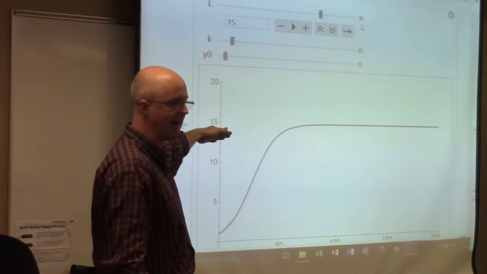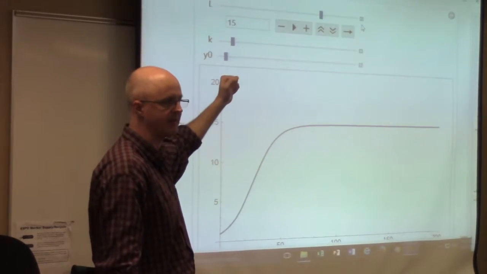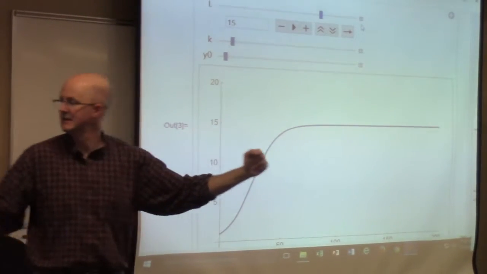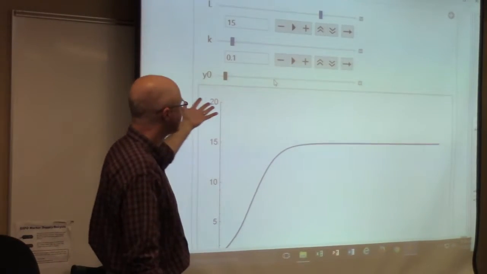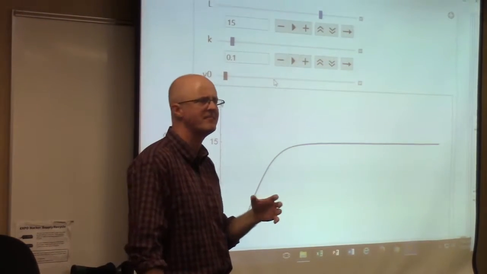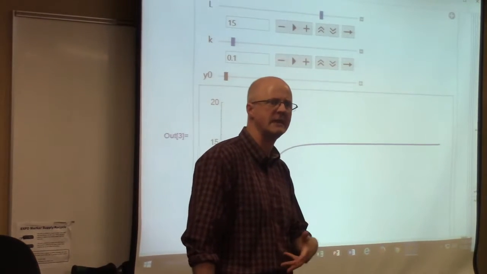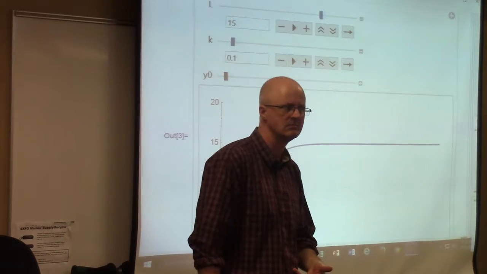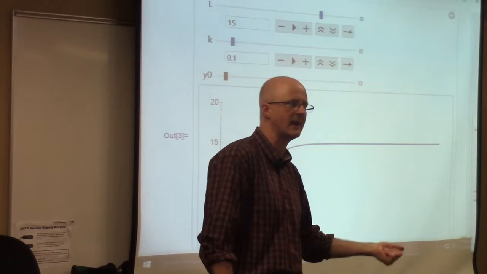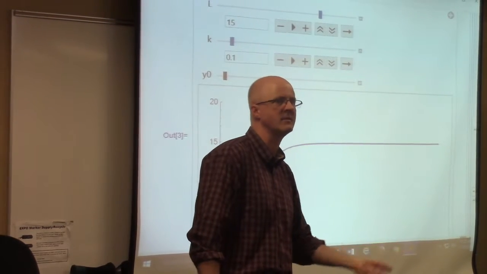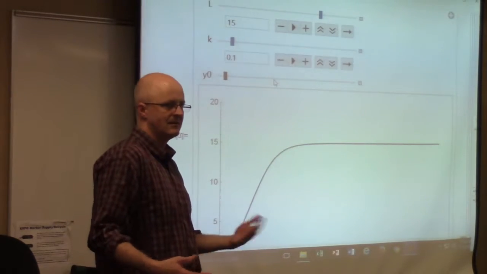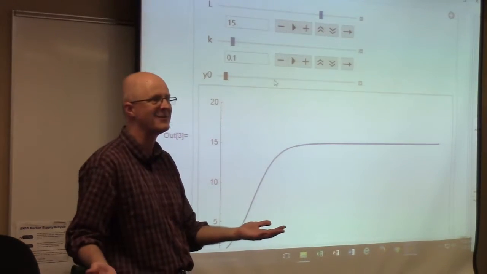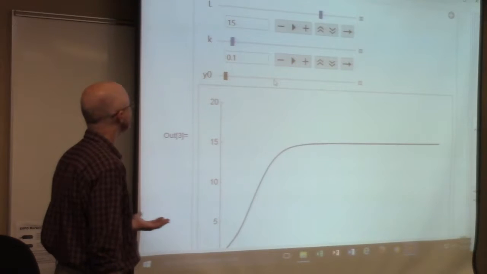It could be 15,000 bunnies is the carrying capacity of the population, of the environment, I should say. K is 0.1. Essentially, that's the percent rate of growth when the population is small. In percent per unit time. If it's bunnies, it might be percent per month. Okay, they reproduce fast.